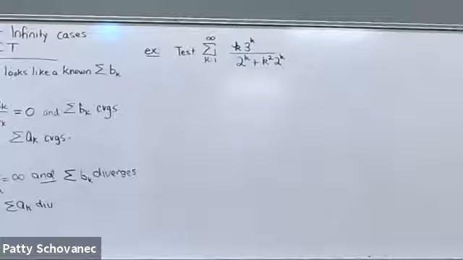It's hard to tell. We could probably try to do a limit and try to do L'Hopital's rule, if you remember how to take the derivative of 3 to the K and 2 to the K. So I'm just going to assume that the limit goes to 0 because I don't want to take the limit.